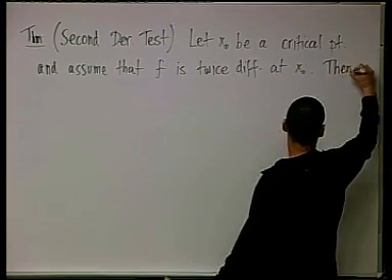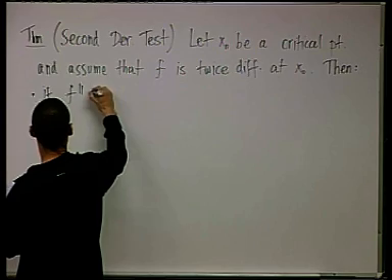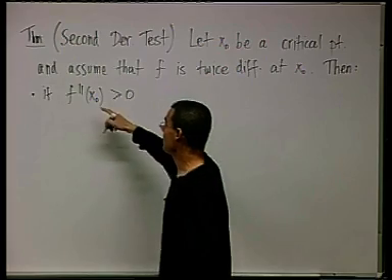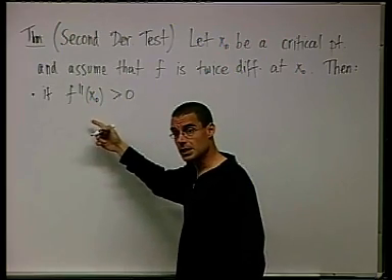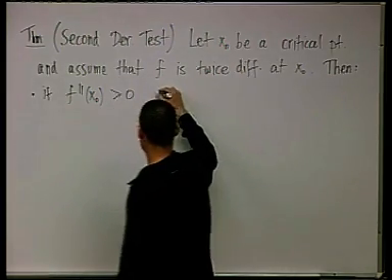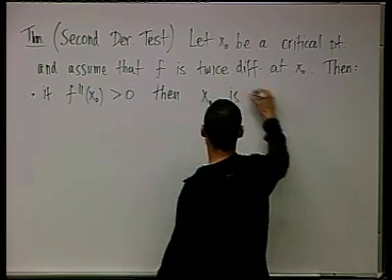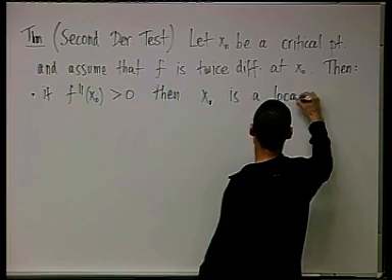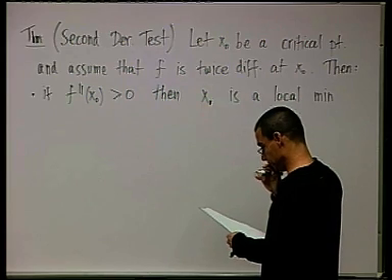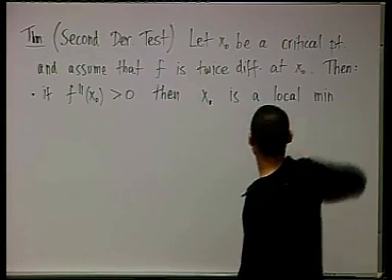Then, if f prime prime at x0, the second derivative, is positive, that means that f prime is increasing. If it was 0 at the point, it must have been negative and then positive. And that means that x0 is a local minimum, right? Negative and then positive, yeah.